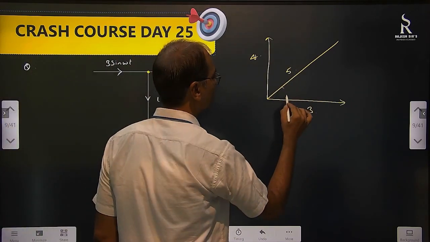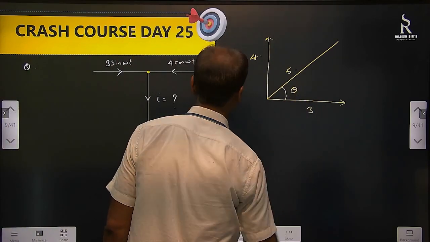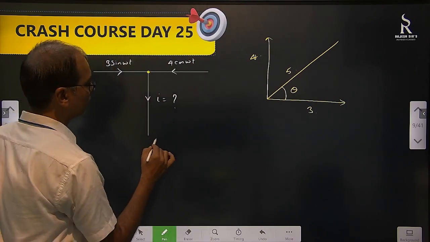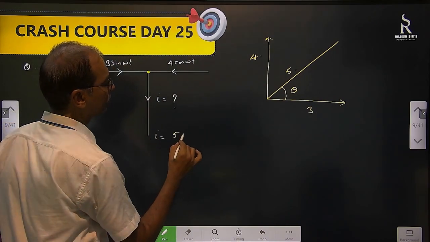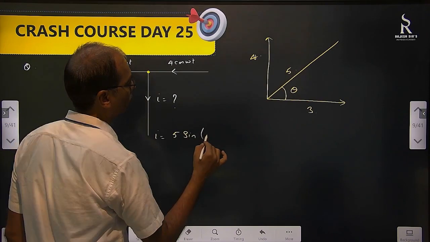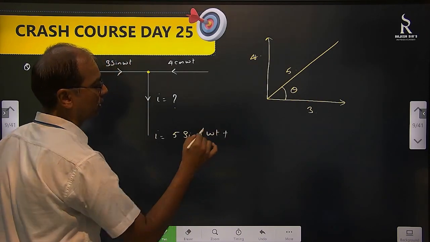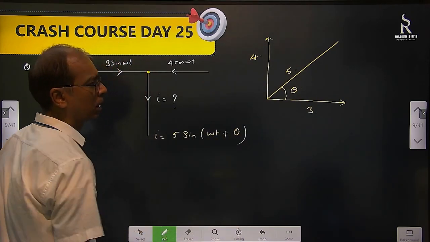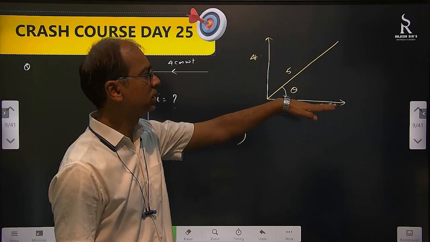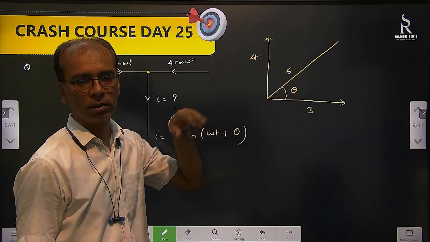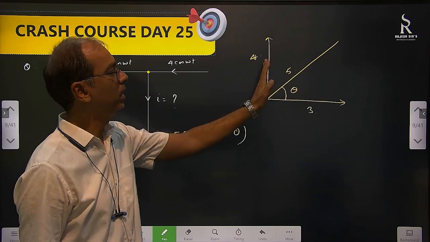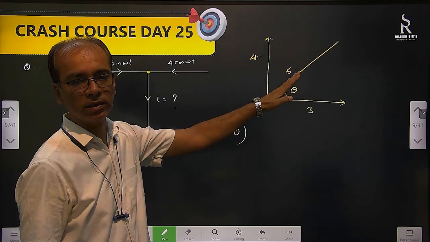And then there will definitely be a phase also. So this I is definitely 5 sine (omega t plus theta). From 3, it is theta degrees ahead. 4 was 90 degrees ahead.